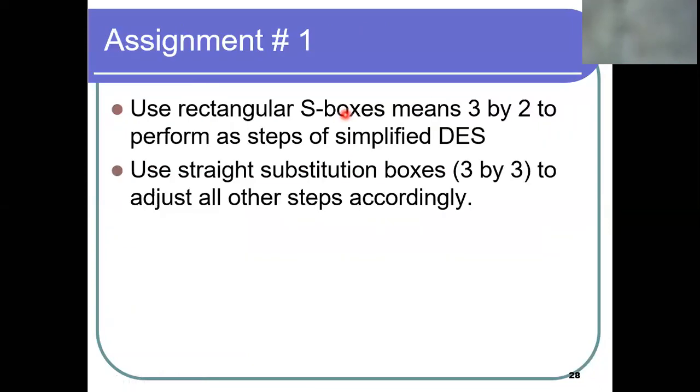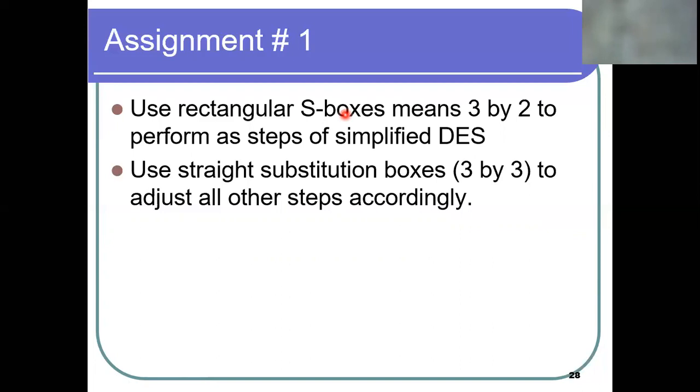So one assignment, you should not be worried about assignments and things. It will be quite easy for you. You have to take a 3 by 2 substitution box to perform all these calculations.